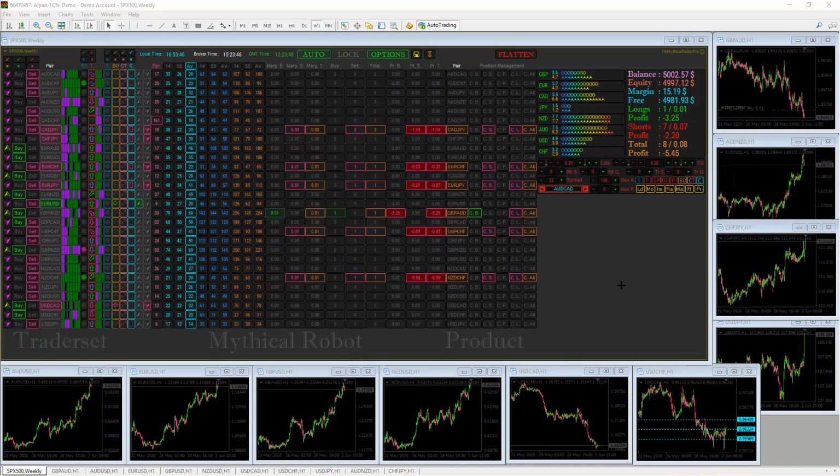Let's talk about money management. What can be used to manage the risk? We are not using any stop losses. Really. That is how much we are trusting our signals. We don't need stop losses.